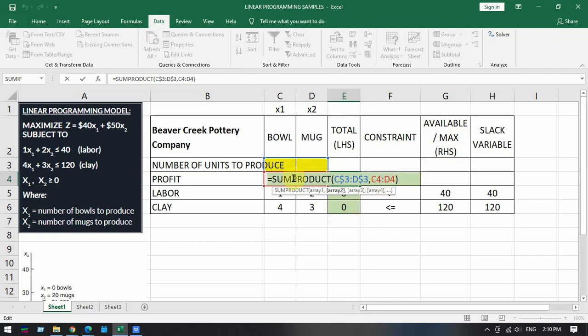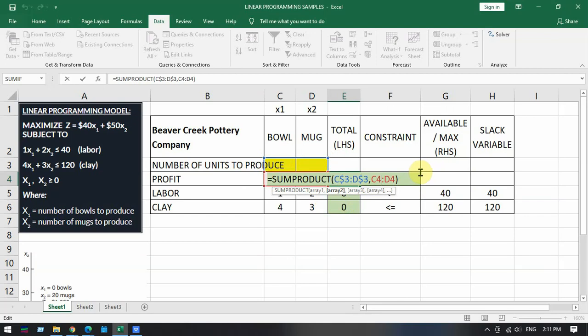And you see also here the word sum, because the good thing about this is, let's say if we need to add the products of two sets of numbers, Excel will do it for us.